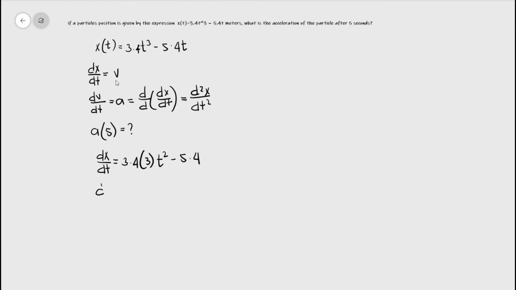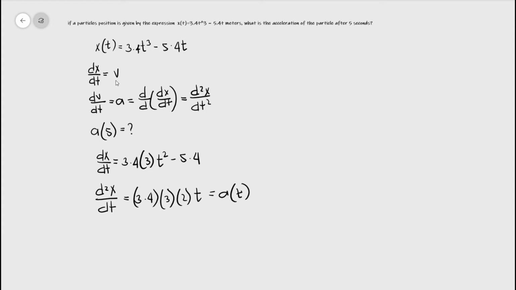And getting the second derivative of x with respect to t, this one will become 3.4 times 3 times 2, then we have t, then that is minus 0. The derivative of a constant is equal to 0. Now this is our a of t.